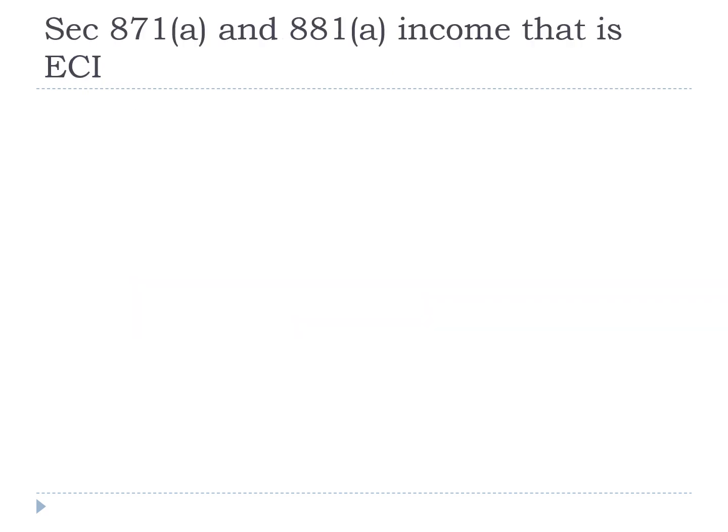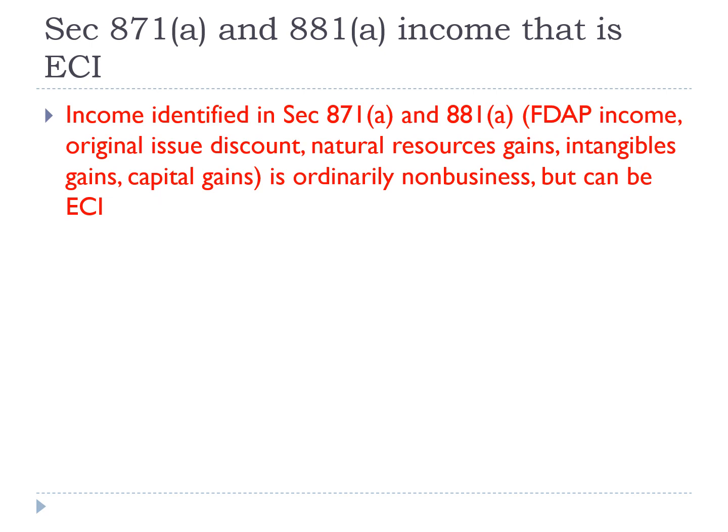Before we go further, it is important to understand that income that is normally non-business income can be effectively connected income taxed at regular tax rates. This lecture focuses on non-business income taxed at 30%, identified in sections 871A and 881: FEDAP income, original issue discount, natural resources gains, intangibles gains, and capital gains.